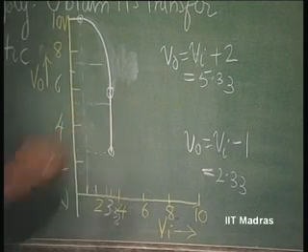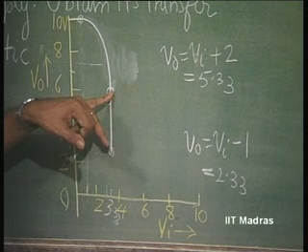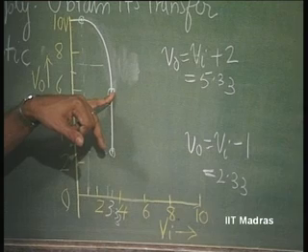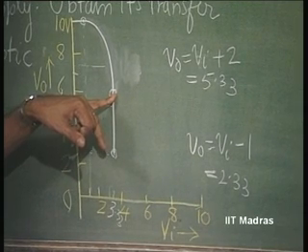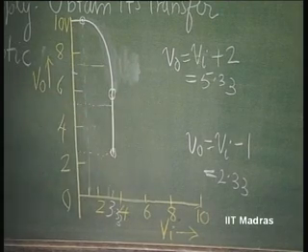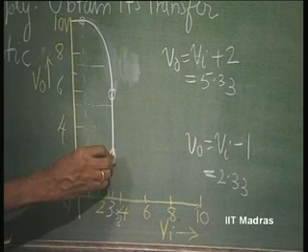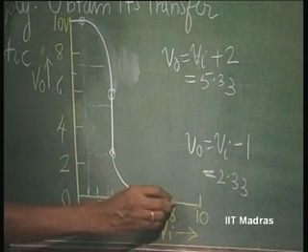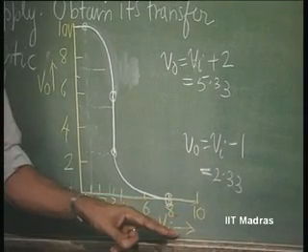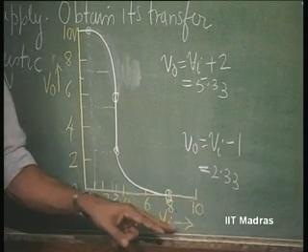So, this region from 2.33 to 5.33, for a region of 3 volts, which is strictly speaking the magnitude of Vtn plus the magnitude of Vtp, 1 plus 2, 3 volts here, it is having infinite slope. Thereafter, up to 8 volts. What is 8 volts? 10 minus the magnitude of Vtp, 10 minus 2 volts, 8 volts.